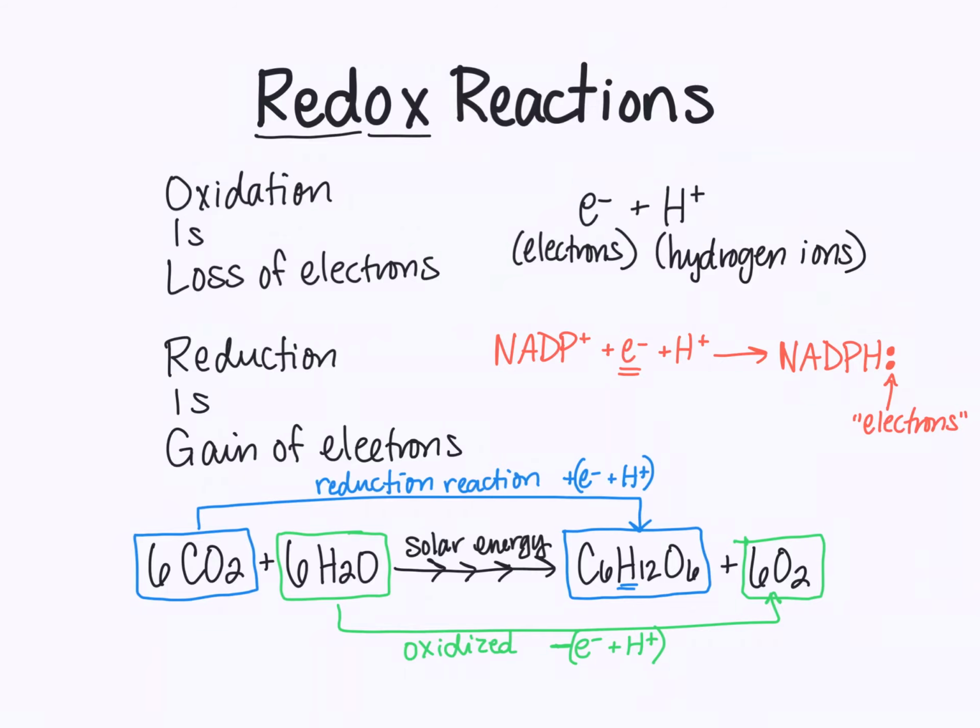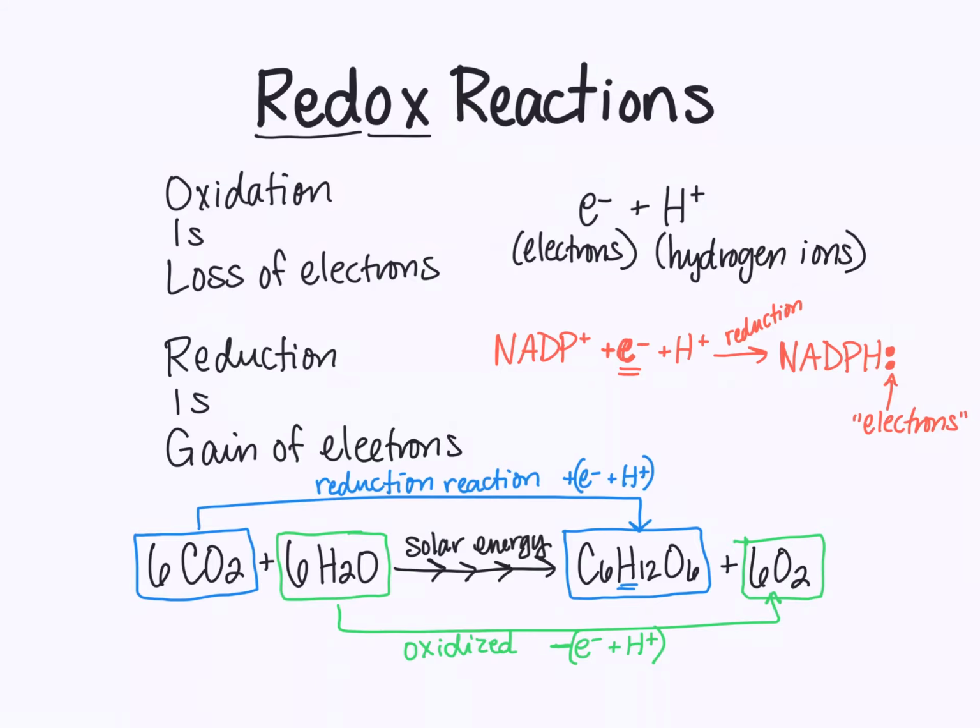So when NADP plus gains electrons, remember reduction is a gain of electrons. So the forward arrow of this reaction is going to be a reduction reaction because NADP plus gains electrons. And those electrons get held by NADPH.